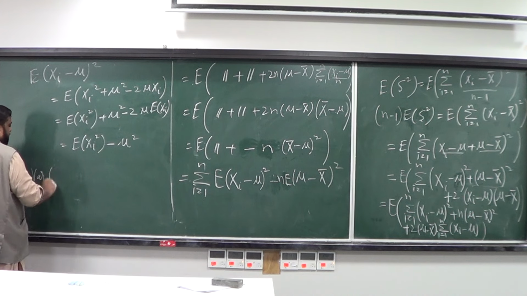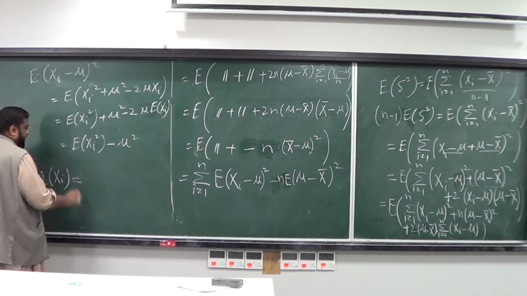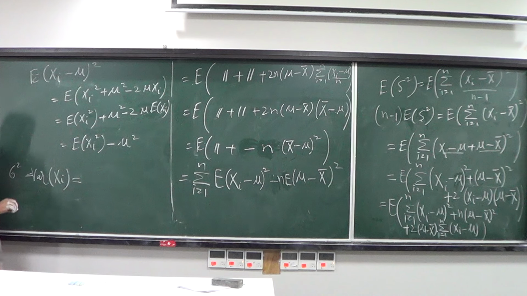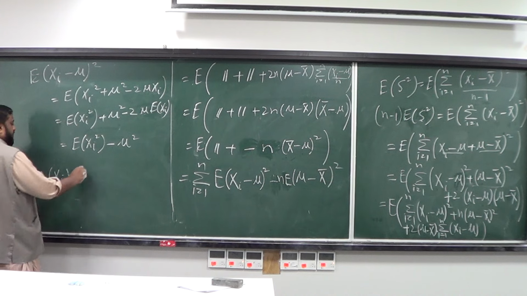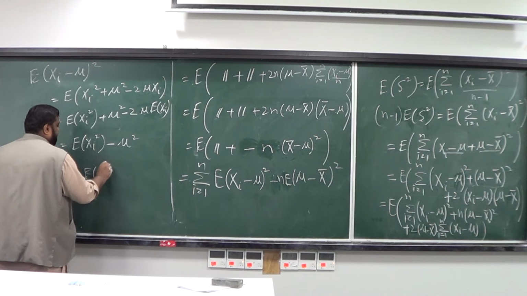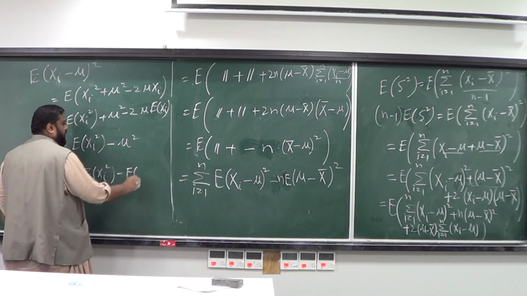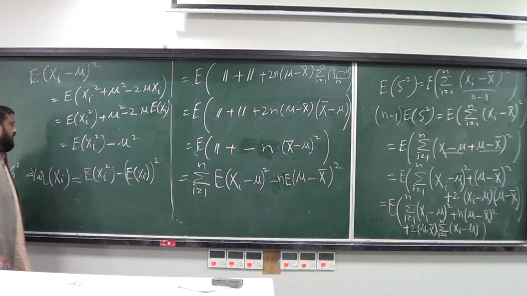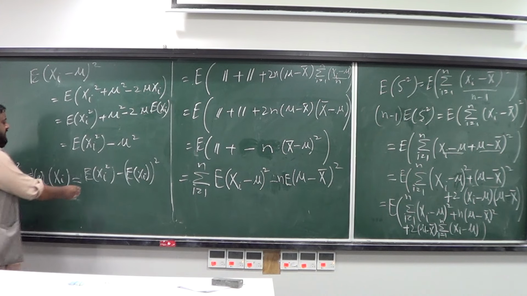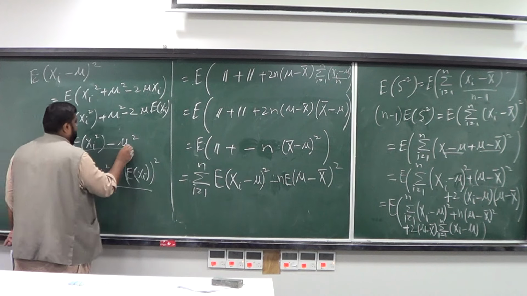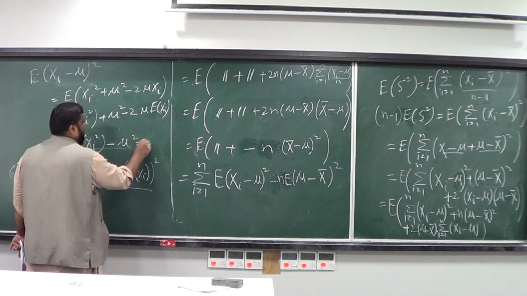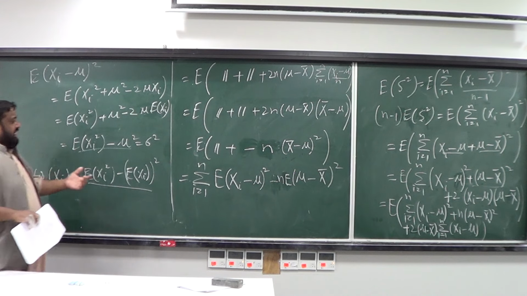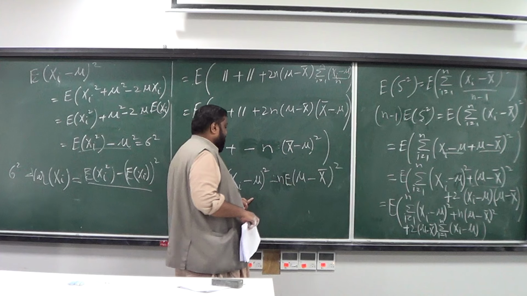Now if you think about the variance of xi, we know that the variance of xi is sigma squared, and the variance of xi is also expectation of xi squared minus (expectation of xi) squared. If you see, this term is precisely the same as this term. So in other words, this difference is equal to sigma squared. So this expectation is sigma squared.